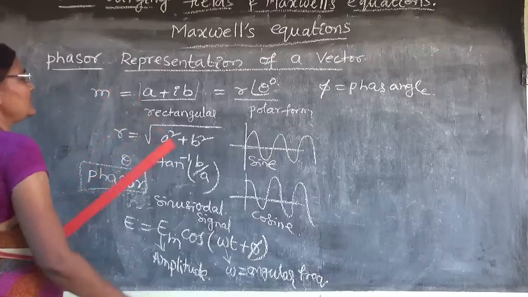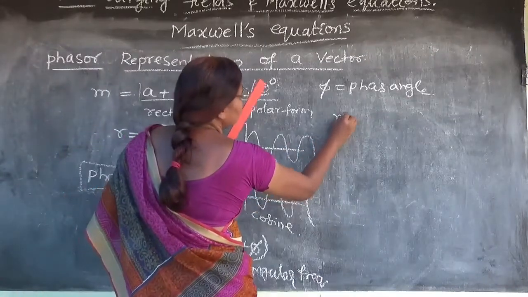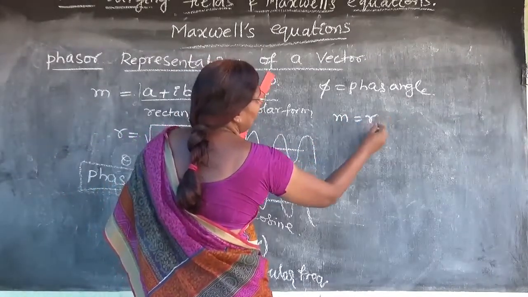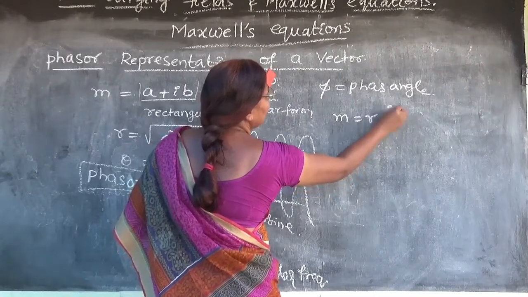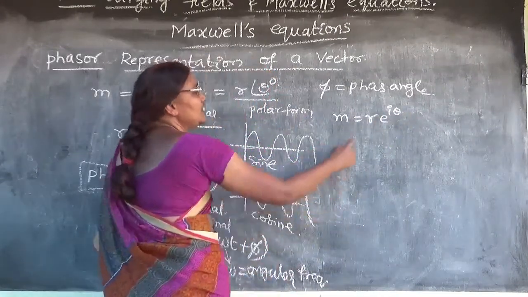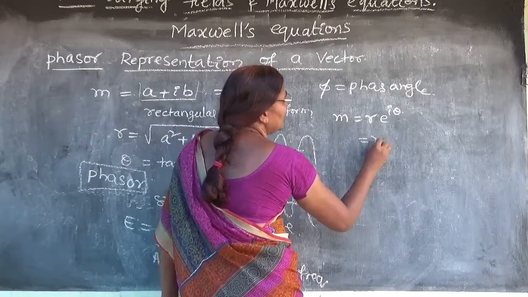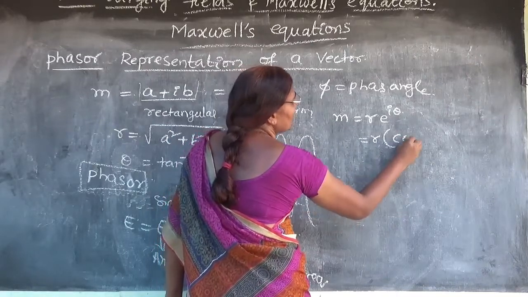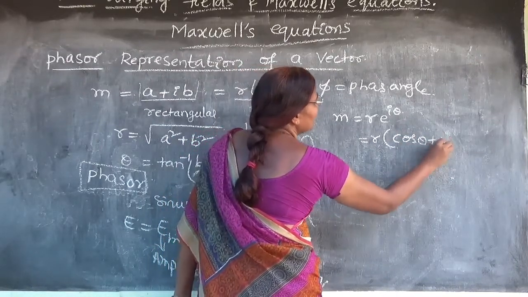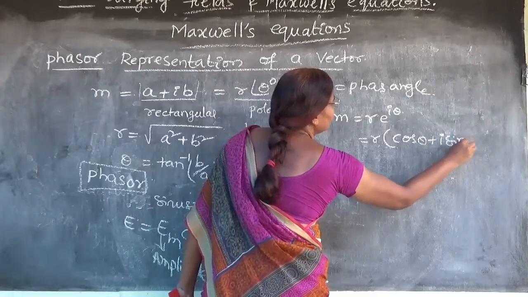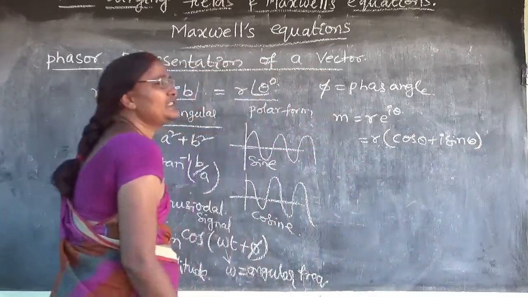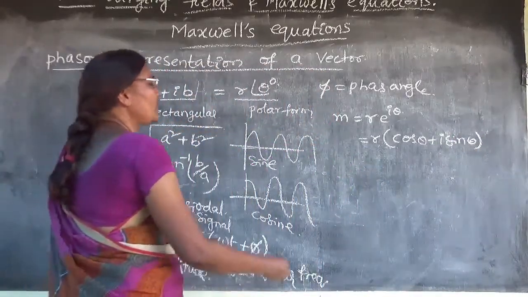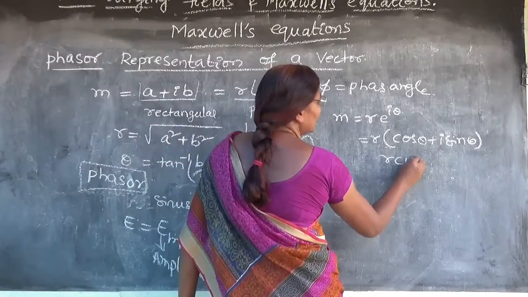This m can also be represented as r e to the power of i theta. So what is e to the power of i theta? It is r into cos theta plus i sin theta, which is also called r cis theta.